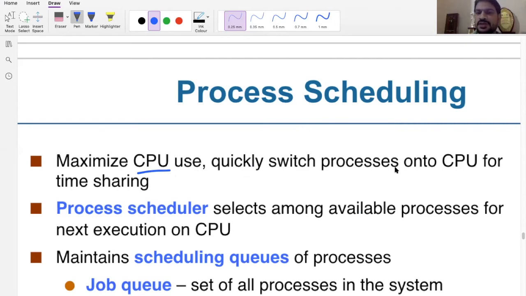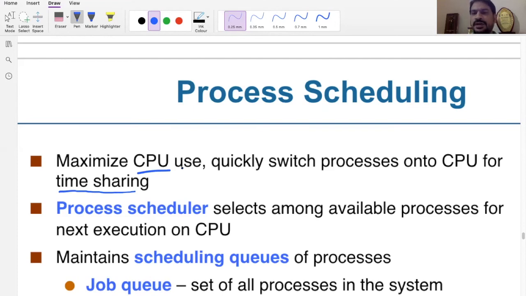Quickly switch processes into the CPU for time sharing. As I told you, a multi-programming system is nothing but a time-sharing operating system, where each process is given a different time slice or time quantum. Let's say 2 milliseconds has been allotted to program 1, and again 2 milliseconds will be allotted to program 2.